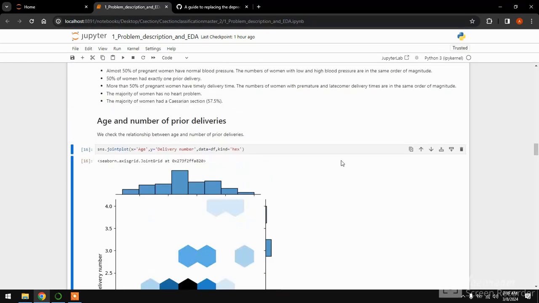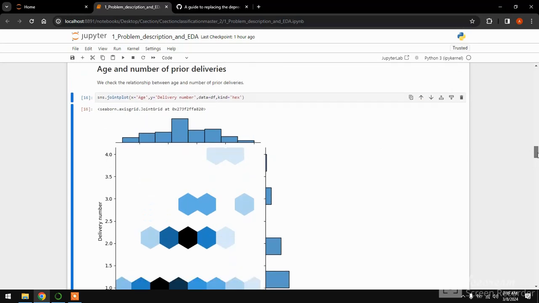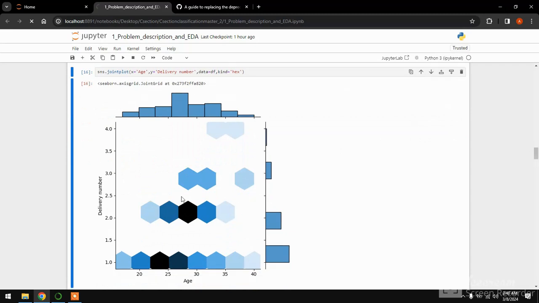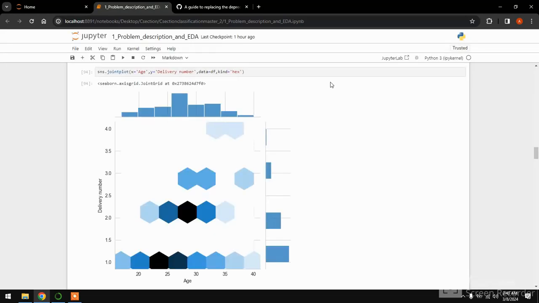So now we are joining two values from the data set: age and number of prior deliveries. How many times has the person given birth before? Alright, so the delivery number is on the vertical axis and the age is on the horizontal axis. As you can see, according to color, whenever the color becomes darker, it shows where most people lie.